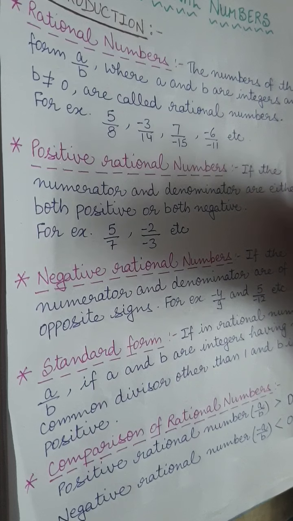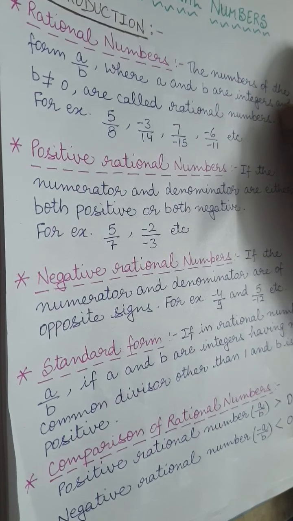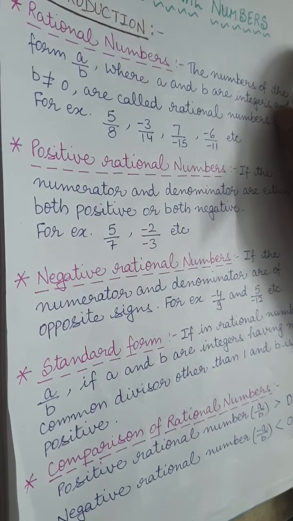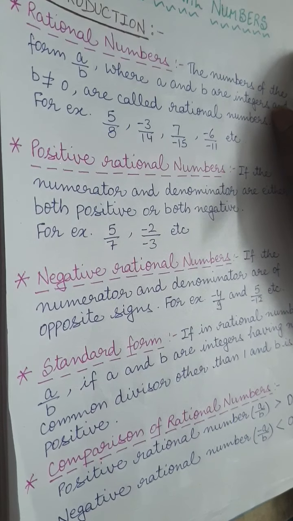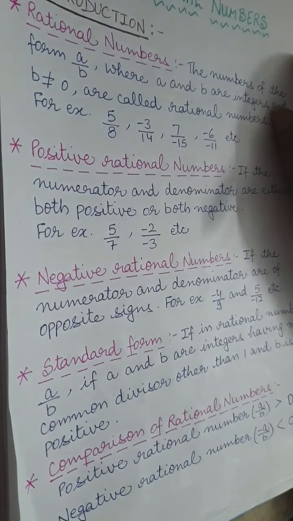Rational numbers are the numbers that are in the form of a upon b, or we can say the numbers that have numerator and denominator. वो numbers जिनमें numerator and denominator हो, what are they called? They are called rational numbers.